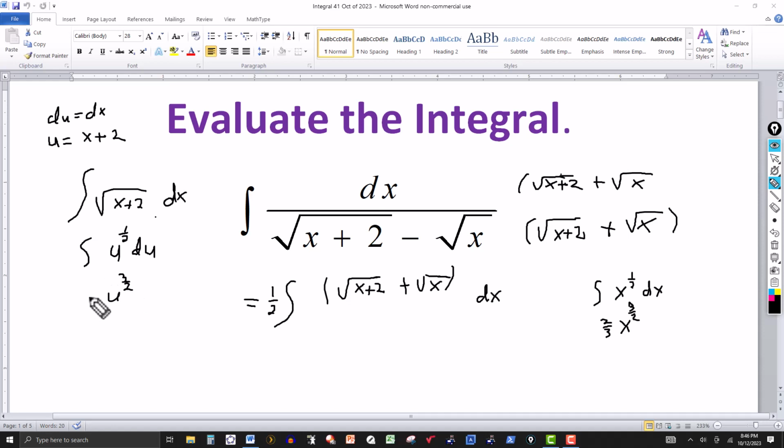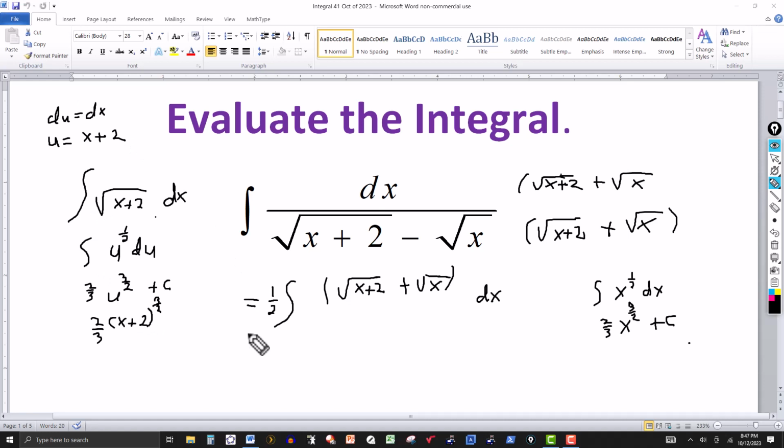And then divide the coefficient 1 by 3/2, which is 2/3, plus your constant of integration. And the same thing over here, plus the constant of integration. And then go back to this one over here, I would just replace the u by what it's equal to, x plus 2. So it'd be 2/3 times x plus 2 to the 3/2 power. And there you have it.